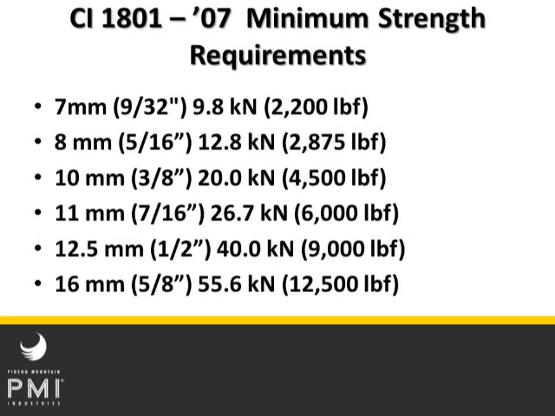Here's the CI 1801, the Cordage Institute, their standard 1801. These are minimum strengths for a lot of other definitions of life safety rope diameters. You guys can read these. Each rope has a minimum breaking strength, which is pretty much the same kind of numbers the NFPA has got. They just go down to 7 and 8 mil, and they have one for 16 millimeter too.